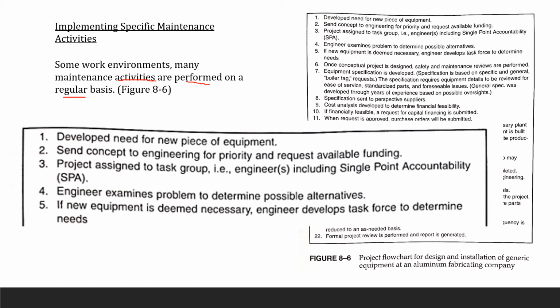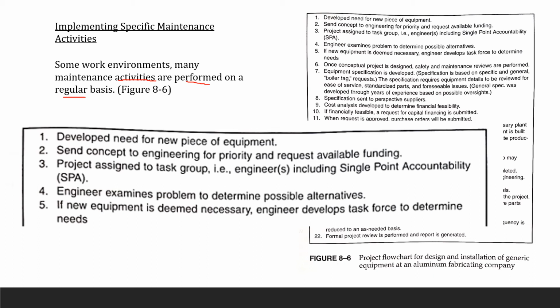That's it. So now if you look at 8.6, it's just showing you a project flow chart for design and installation of generic equipment at a company. Here I cut it out so you can see it big. It's showing you from 1 all the way down. They have a lot of plans, all the way to 22 right there.